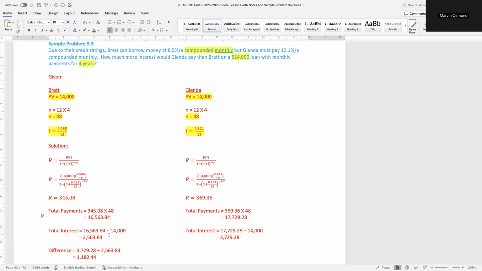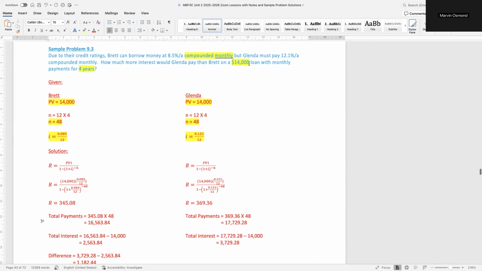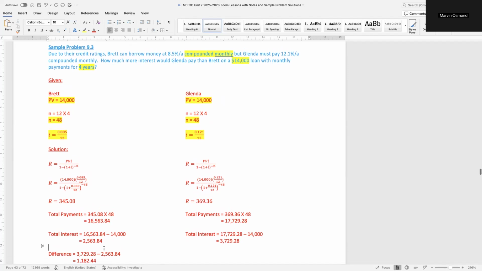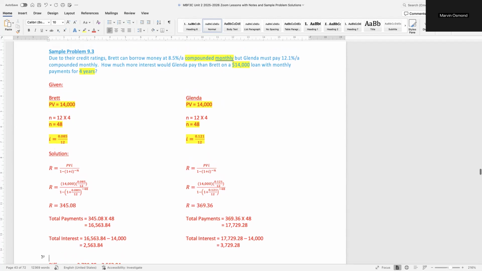So the total interest is going to be this amount, the total payment, minus the present value of 14,000, which is $2,563.84. And then that is as far as we can go for now. So Brett's going to pay total interest of $2,563.84. Just hide that for now.